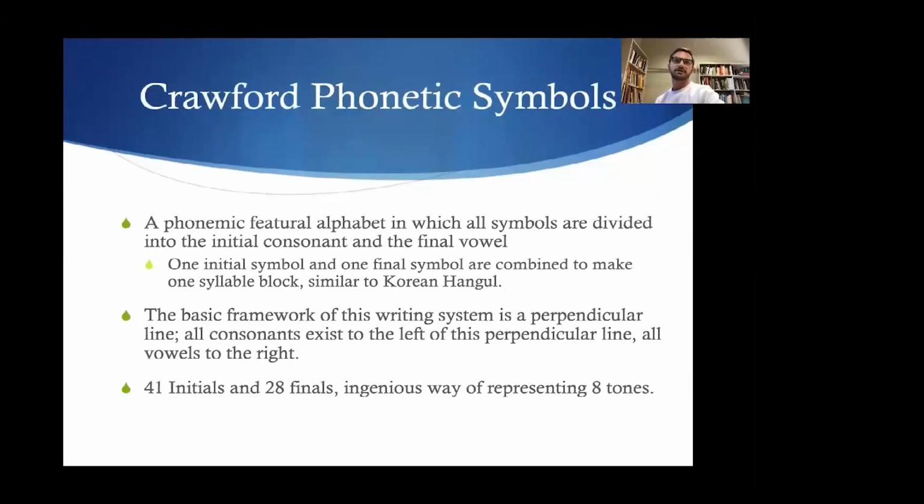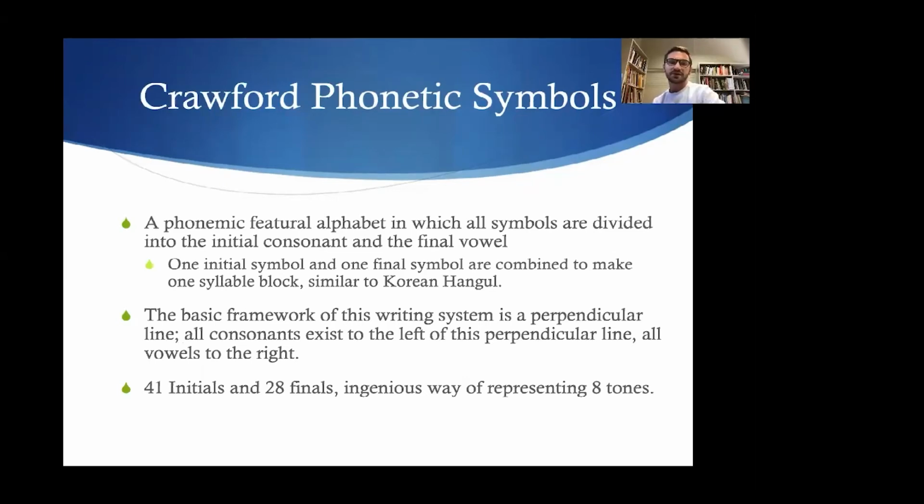So the system doesn't really have a proper name. It's just called the Crawford Phonetic Symbols. It's a phonemic featural alphabet in which all symbols are divided into the initial consonant and the final vowel. And so one initial symbol and one final symbol are combined into a syllable block similar to Hangul.